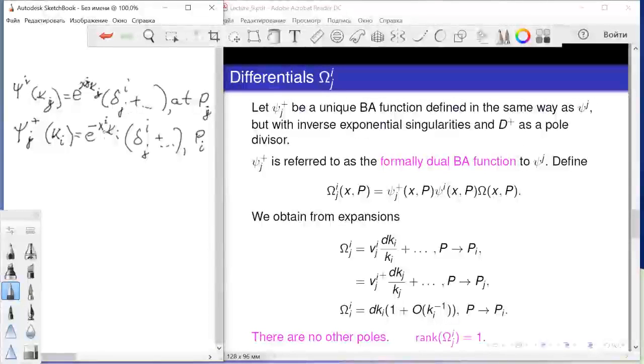You see, when I talked about inverse exponential singularities, I only thought about this minus sign.